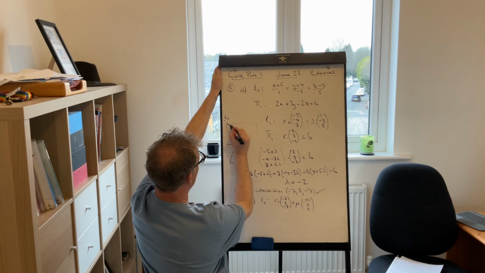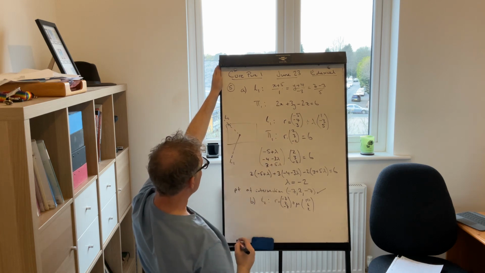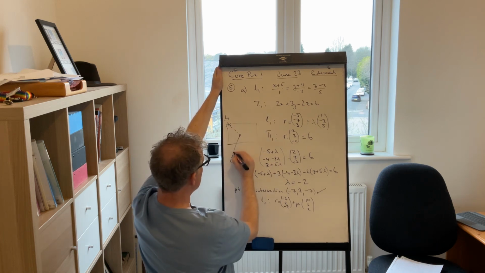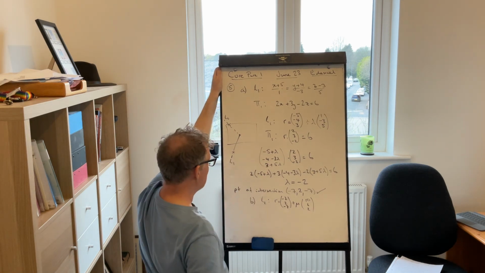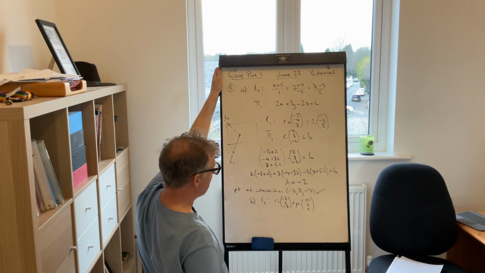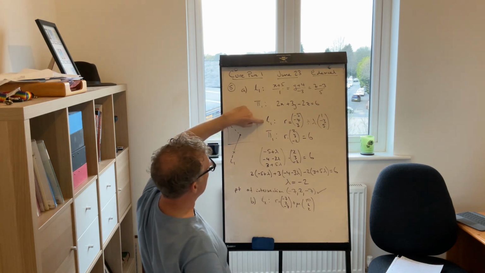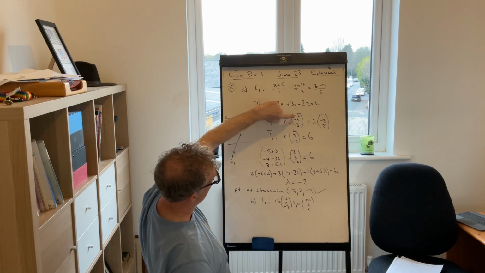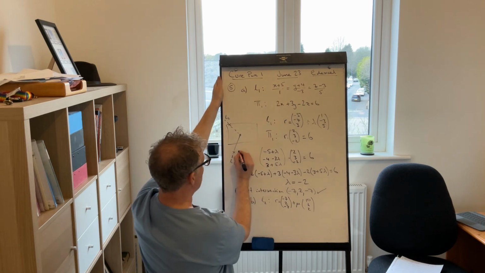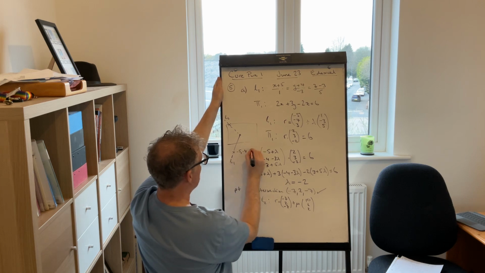Now, getting a point on L2, we basically need to ask, can I get a point on L1 and reflect it up there? Oh yes, I can. I know a point on L1 because I know the equation of L1 is this, and so there's a nice point on L1. I know on L1 we have the point (-5, -4, 3).